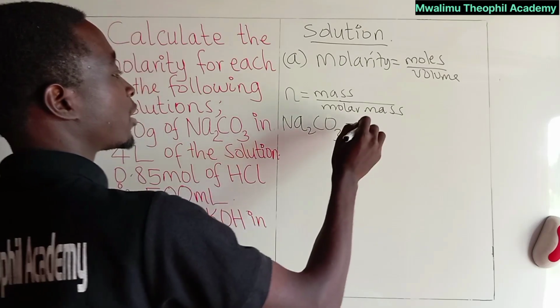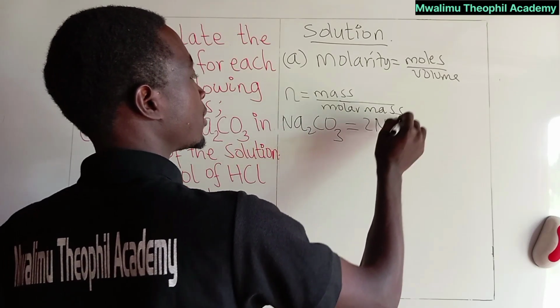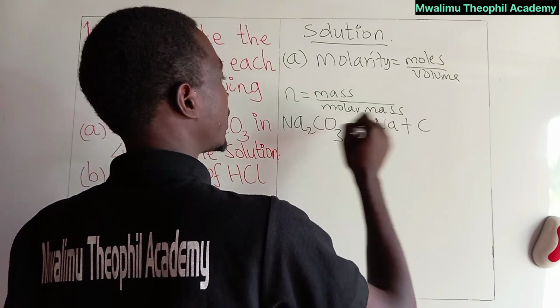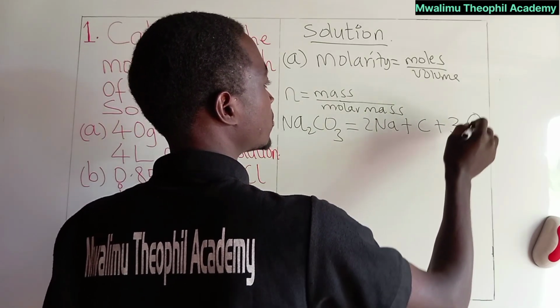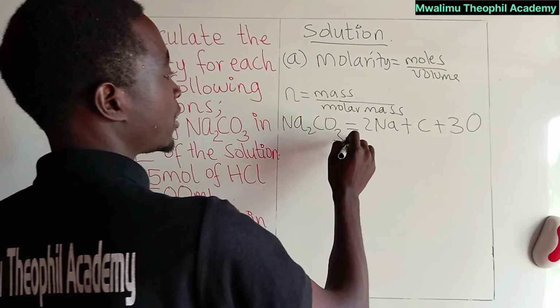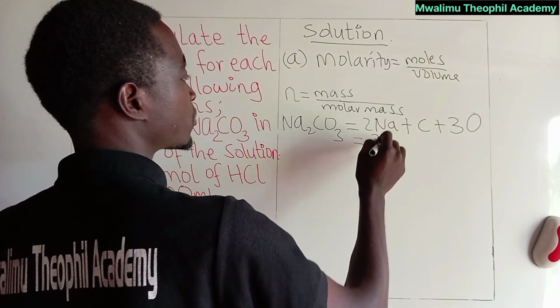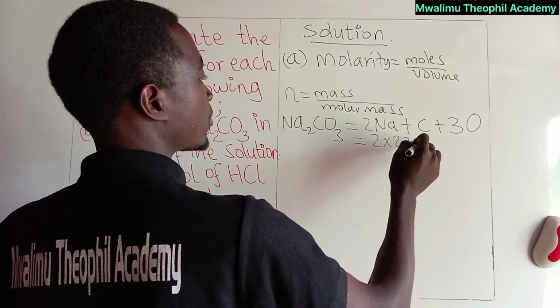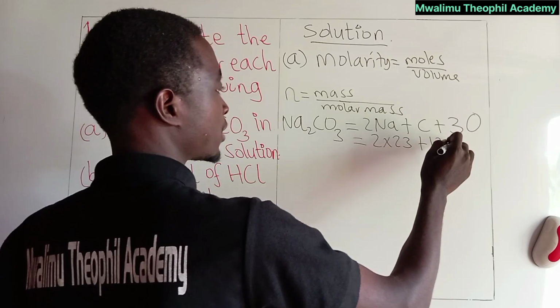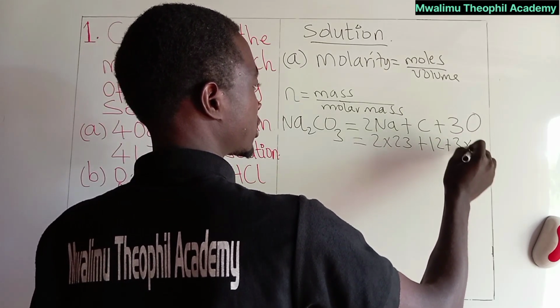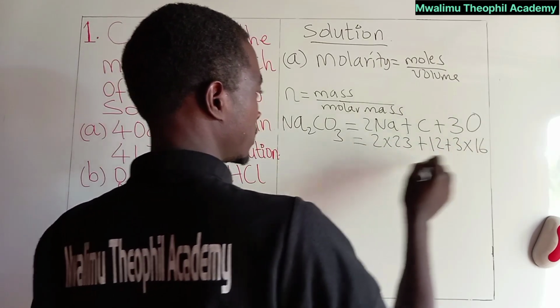In sodium carbonate, we have 2 atoms of sodium, 1 atom of carbon, and 3 atoms of oxygen. The relative atomic mass of sodium is 23, plus that of carbon, which is 12, plus 3 times the relative atomic mass of oxygen, which is 16.